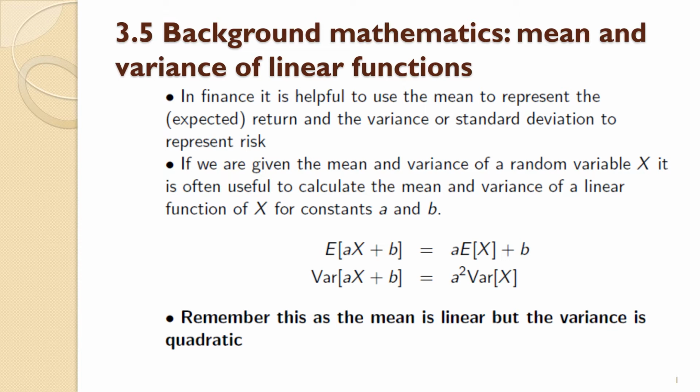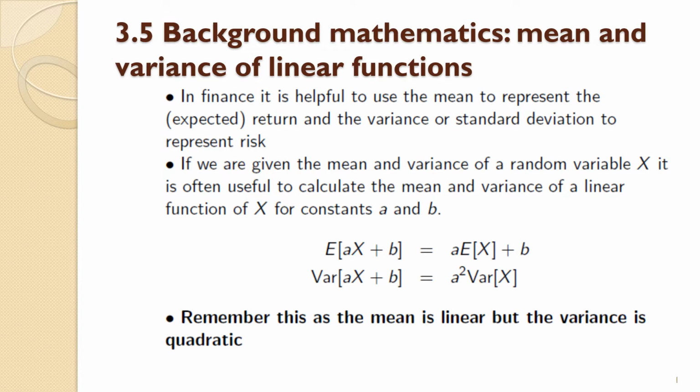In finance it's often helpful to use the mean to represent the expected return and the variance or standard deviation to represent risk. There are sometimes other, better ways of representing these things, but usually the easiest way is to use the mean to represent the expected return and the variance or standard deviation to represent risk.